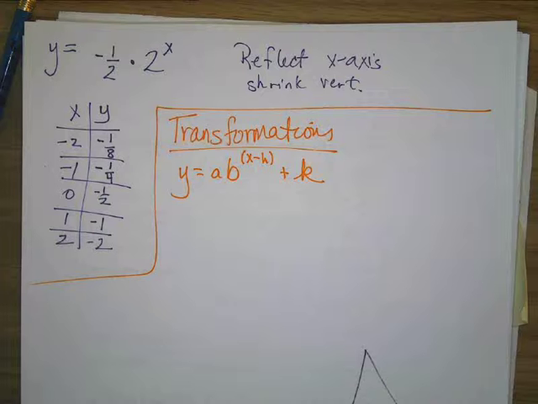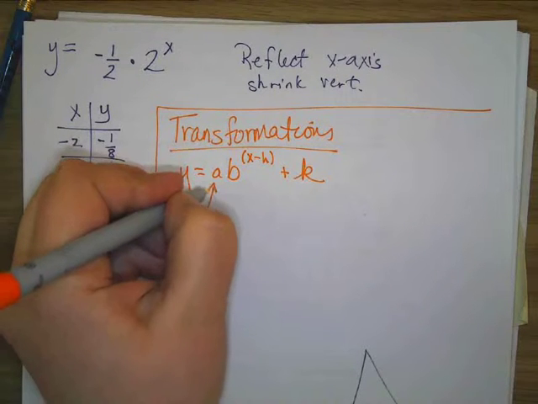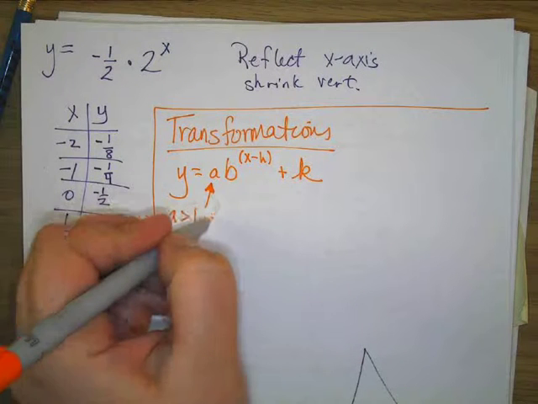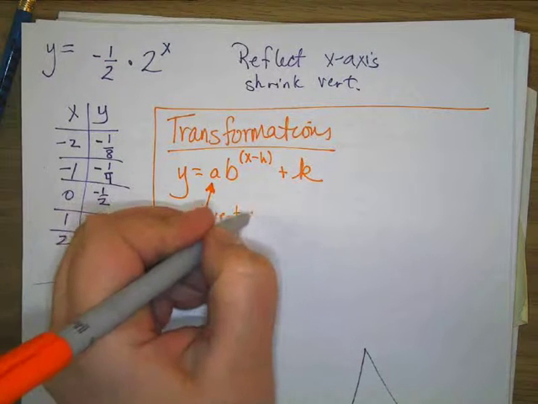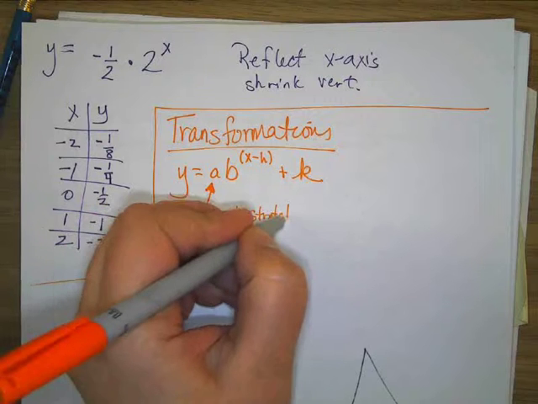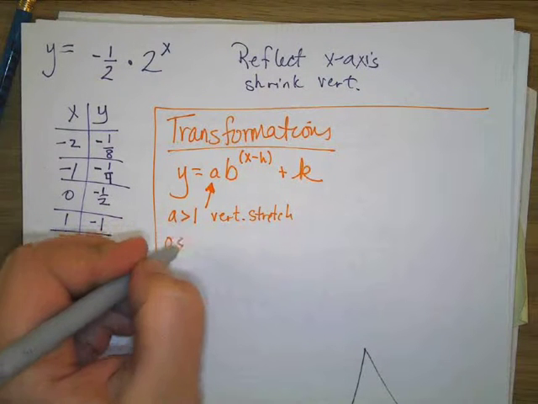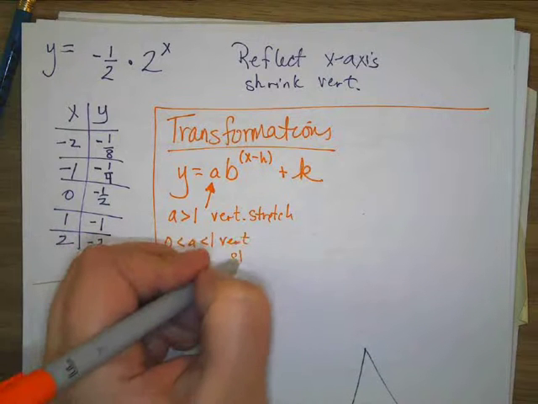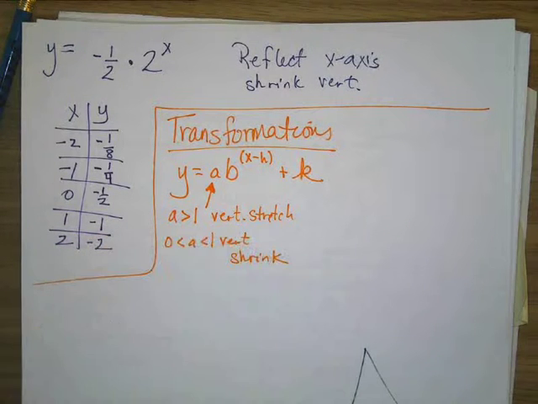Plus the negative is a reflection, okay? The A: 2 cases. If A is greater than 1, that's a vertical stretch. If A is less than 1, that's a vertical shrink. But we have seen these before, just with different functions. They do the exact same thing.